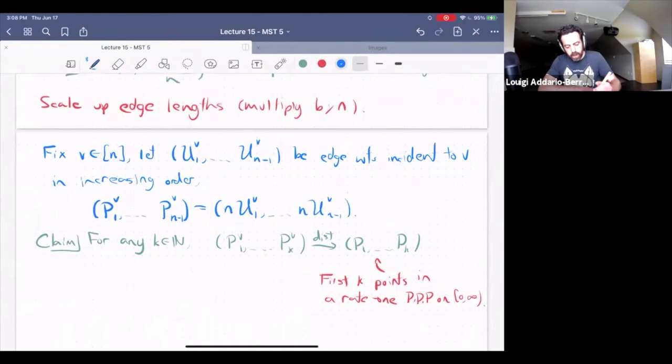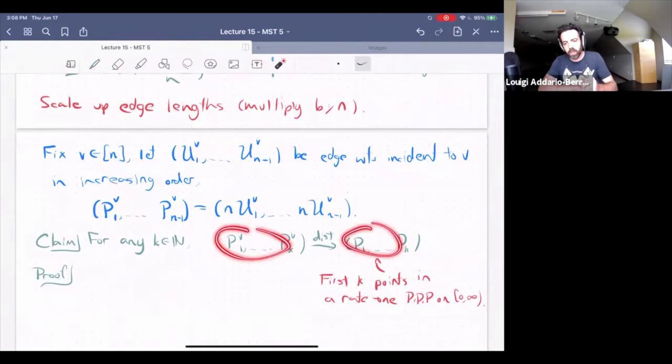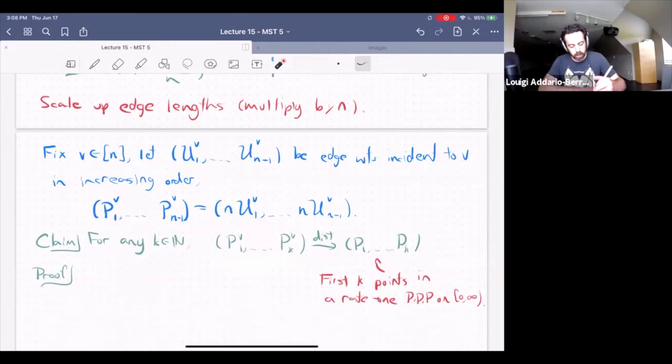To prove this, you should check that the joint distribution converges to the joint distribution of that process. I won't do that in full detail, but let me quickly do a calculation which tells you why this is true.